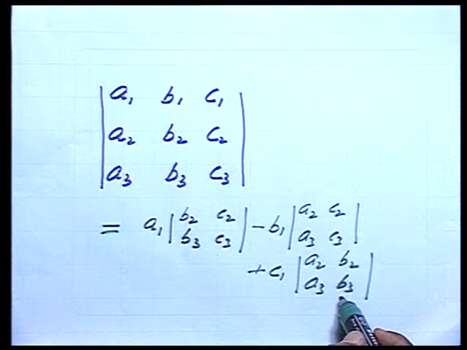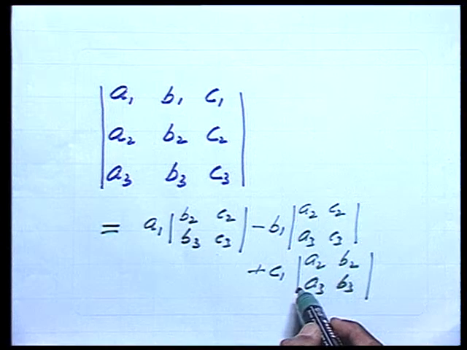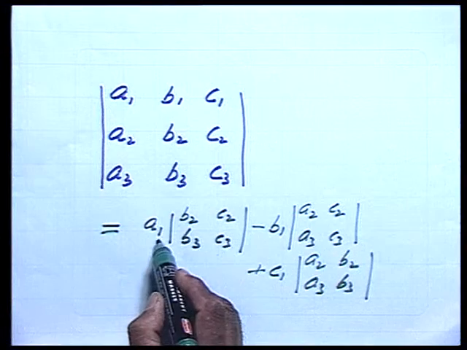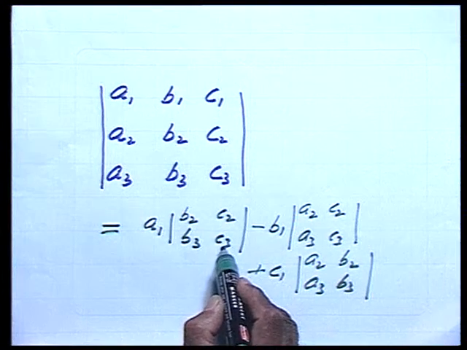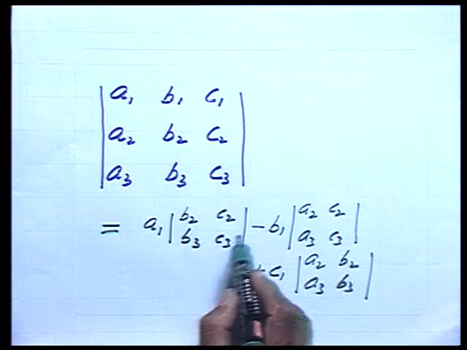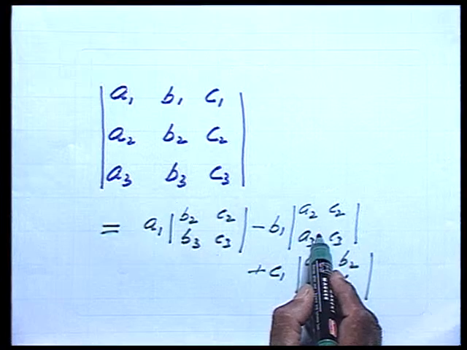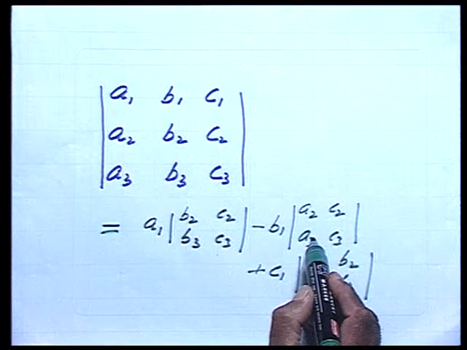These minors, remember last time we told you, become the cofactors the moment along with the minor we consider the sign. That is, in case I say this is a positive sign with this, then this becomes the minor as a cofactor, and if this minus sign is considered with this, this becomes a cofactor. The minor of B 1 then is written as the cofactor.